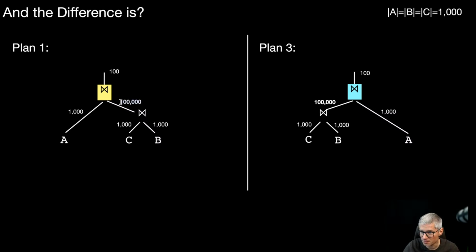So we have 100,000 tuples here, and we have 100,000 tuples there. What I just showed you in the number of different plans, those 2 plans are counted. But why would I count them if they have the same intermediate size? Why would that make a difference? What would be a case?